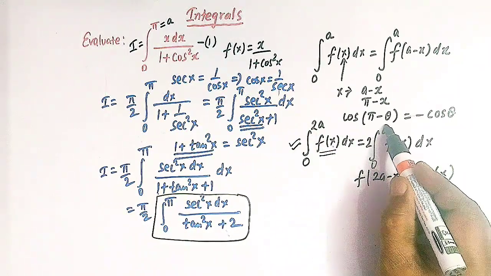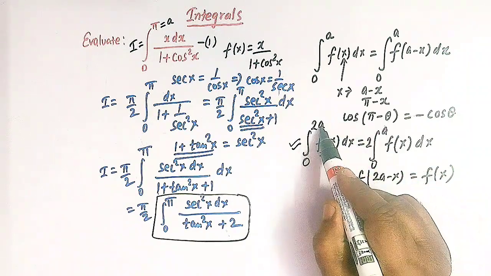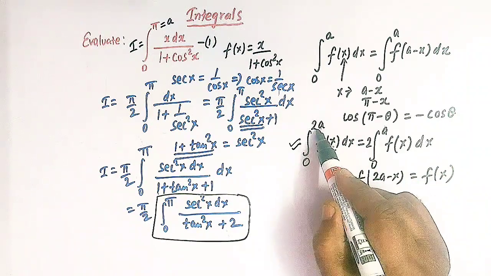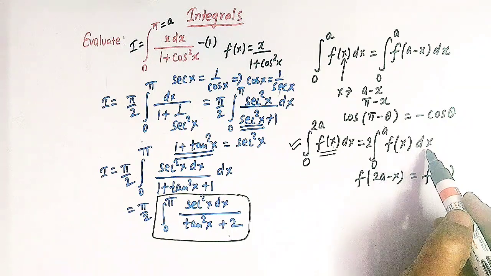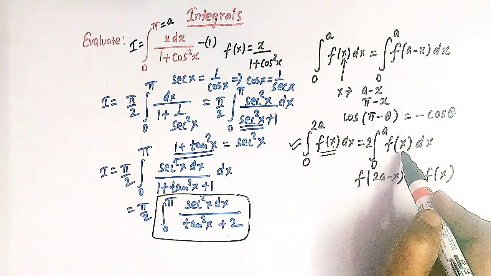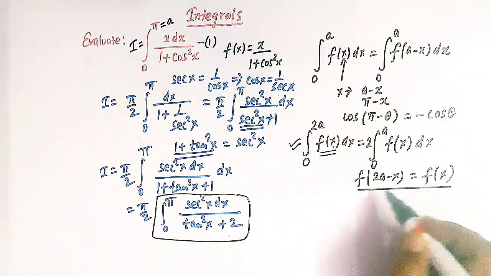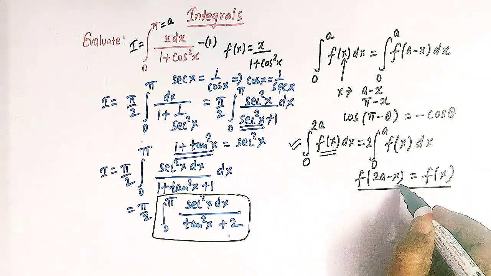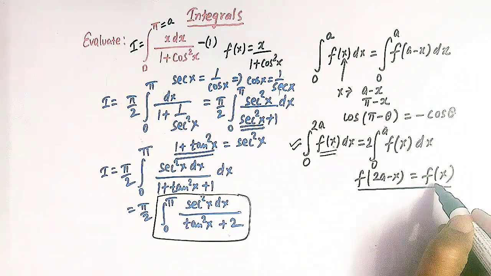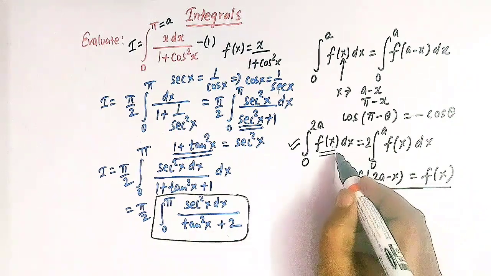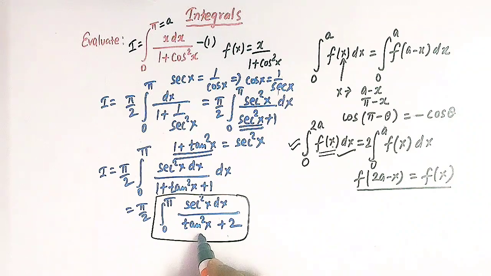So now the upper limit becomes only a, that is half of 2a, and we have f of x dx. So this expression is valid only when this condition prevails, that is f of 2a minus x should be equal to f of x. So let us apply this property to this integral.